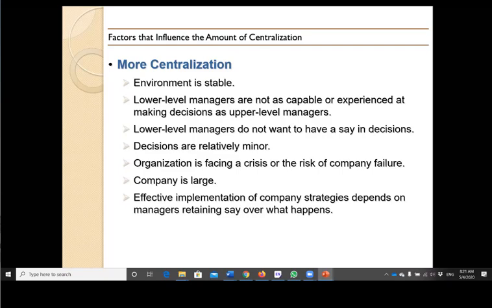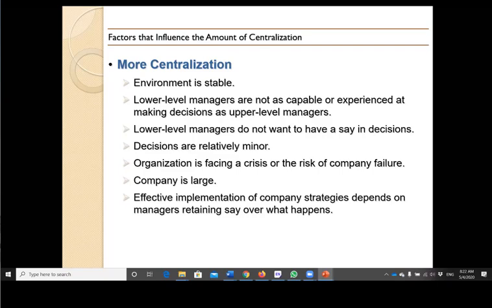right? Or in some other cases, it's not the upper level managers who don't want them, but the lower level managers who don't want to be involved in the decision-making process, don't want to have a say in making decisions, right?